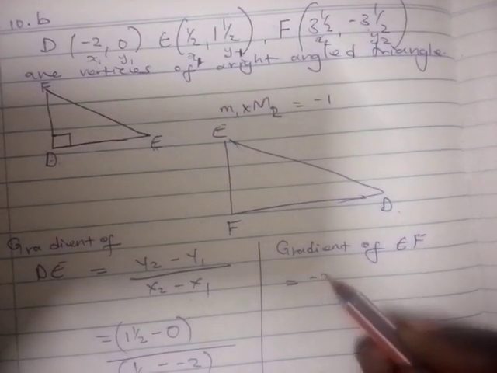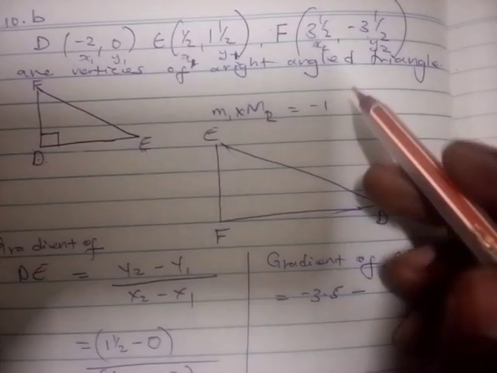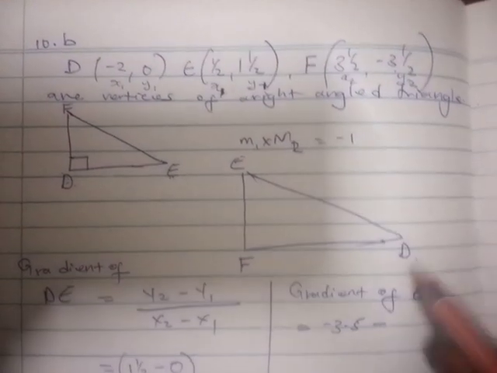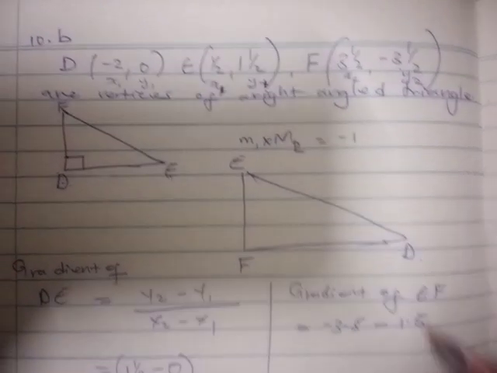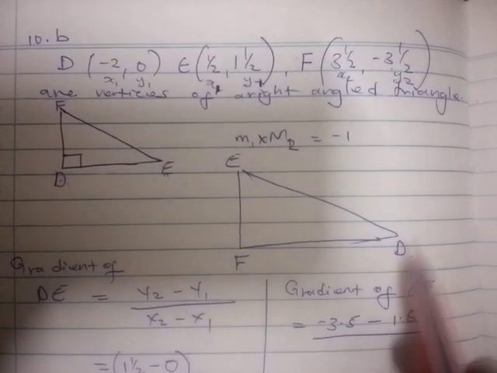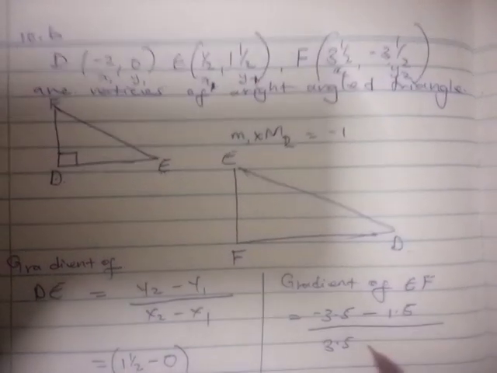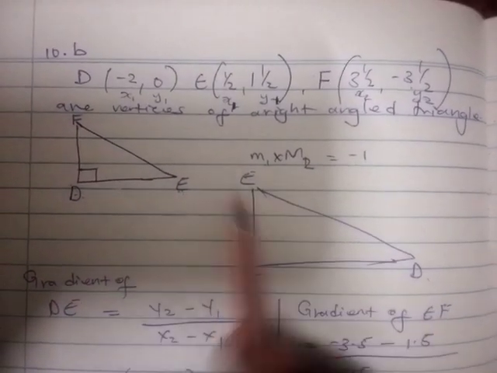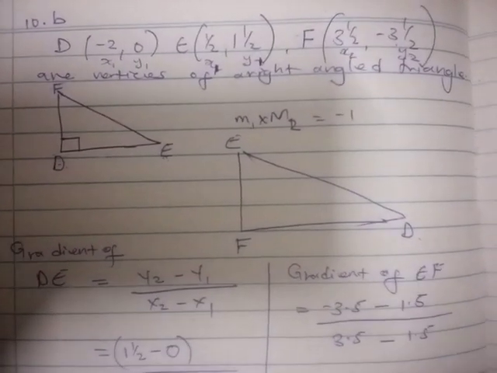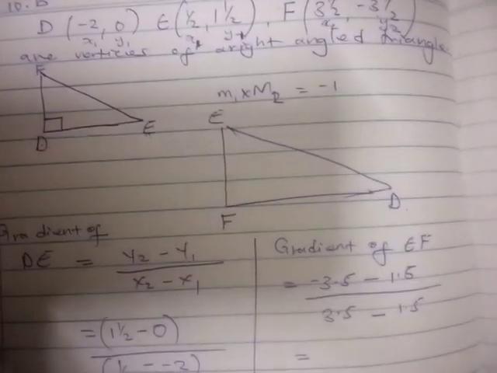So when I get the slope here, my y2 will be minus 3.5, then minus y1, which is 1.5. Then out of x2 here, which is 3.5, then minus x1, which is a half, 0.5.